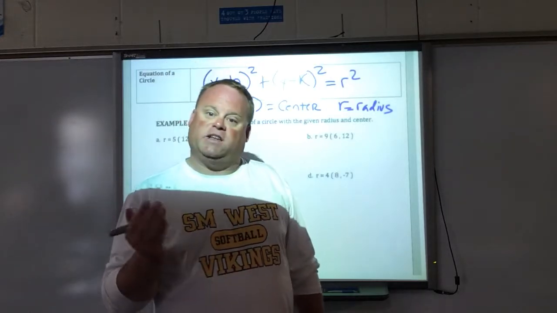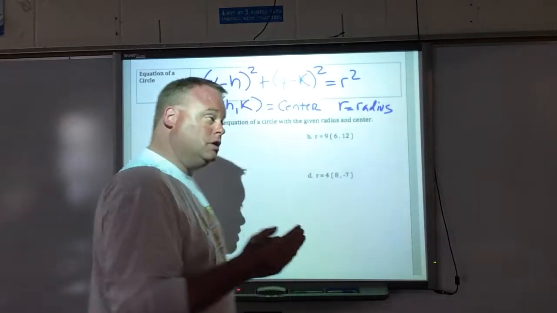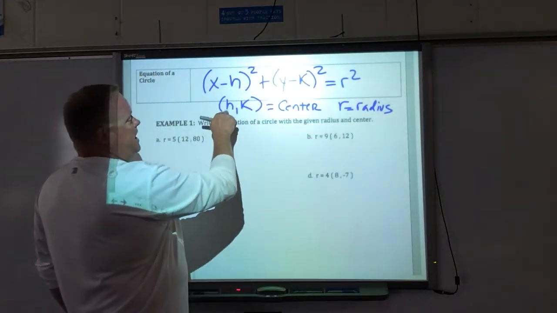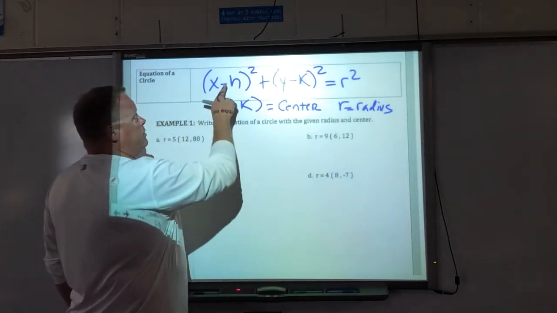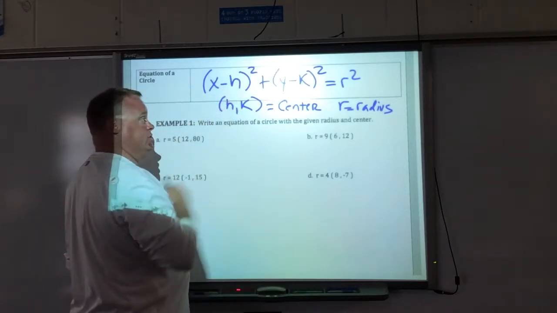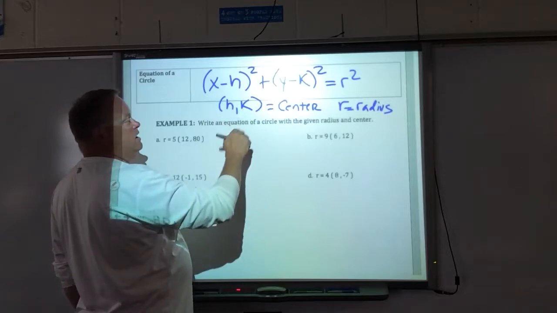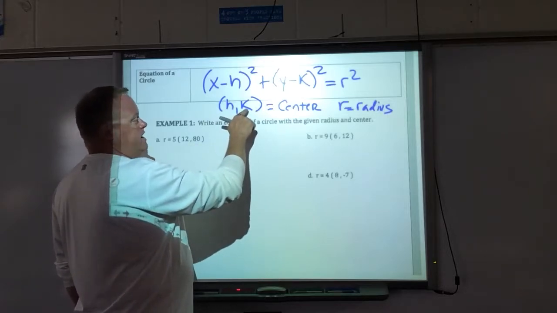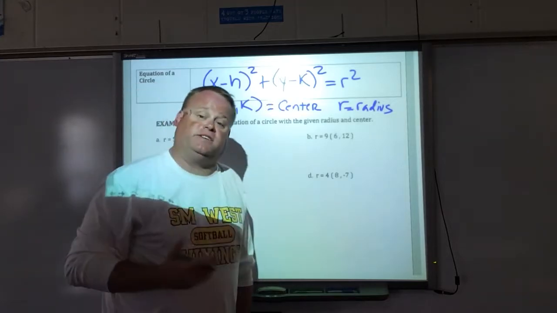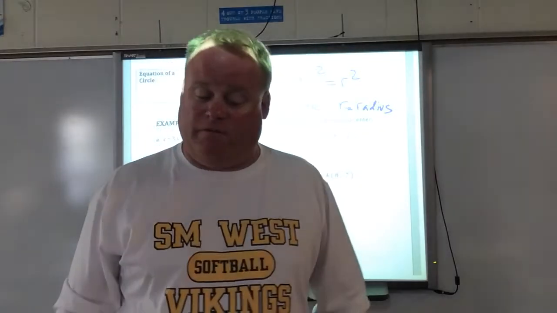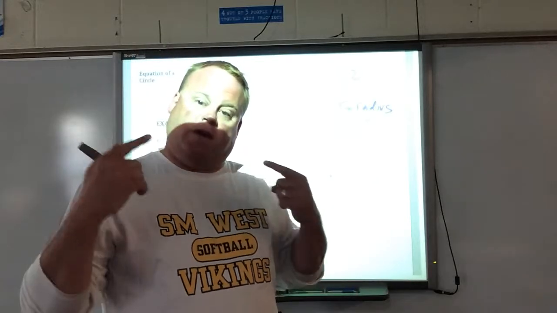So if I had a negative h value, then it would be positive inside my equation. And if I had a k and that k was a negative, then it would be a positive in here. And you're going to see a couple of examples here in just a second of that. But I just want to make sure you keep that in mind.